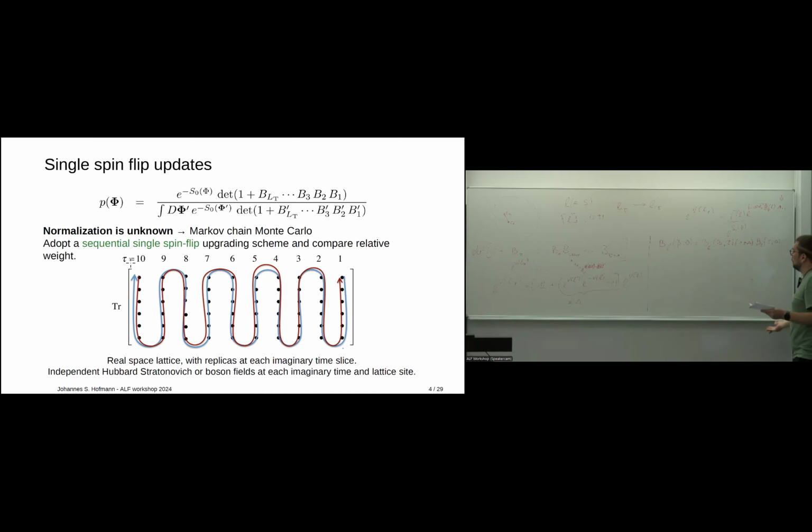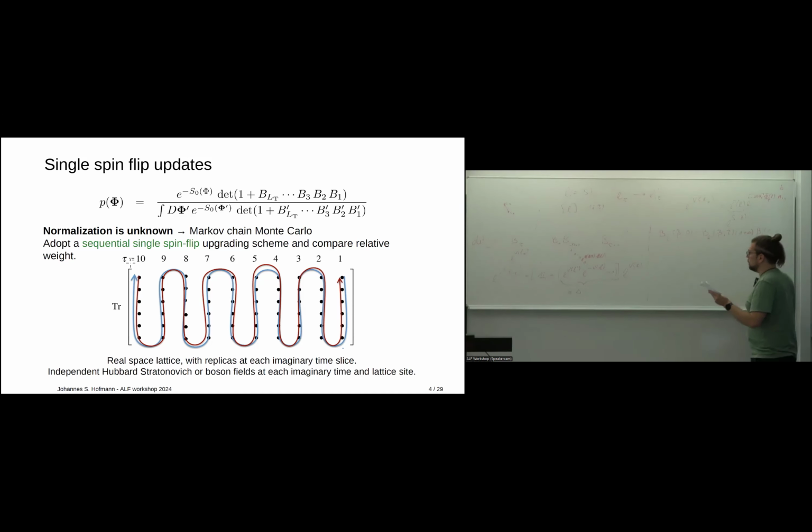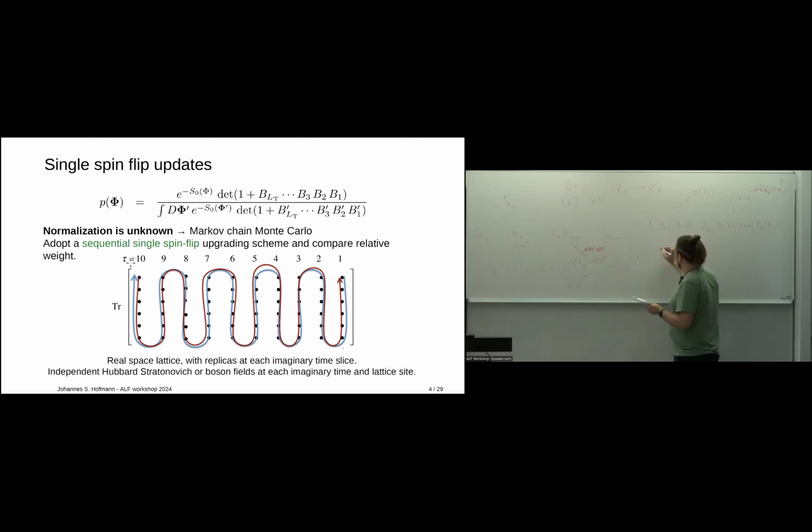And this implies, from this relation, that the determinant of the new configuration divided by the determinant of the old configuration will be the determinant of 1 plus BL beta tau, 1 plus delta, BL from tau to 0.